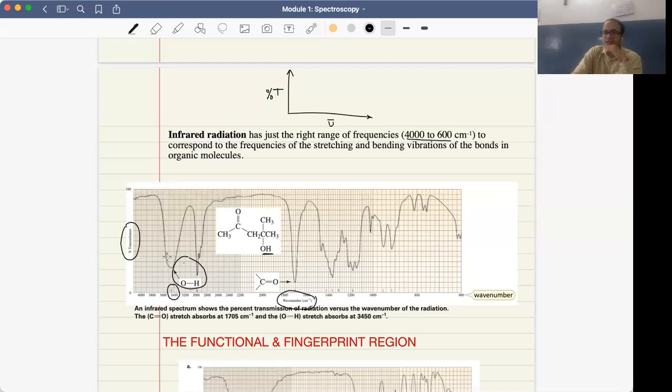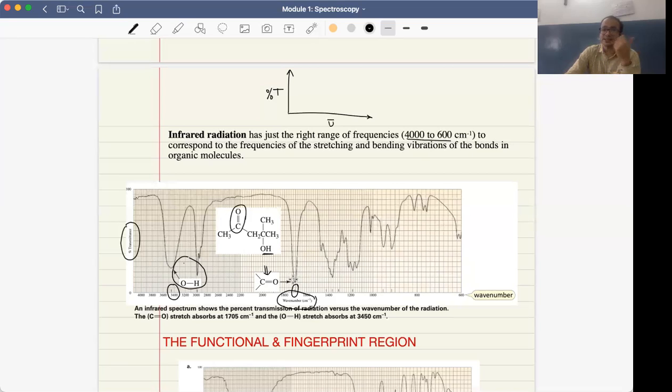Similarly, the ketonic functional group usually absorbs in the range of 1700. You can see an absorption at 1700, which corresponds to the CO group, and that is why you see a characteristic absorption in this region.